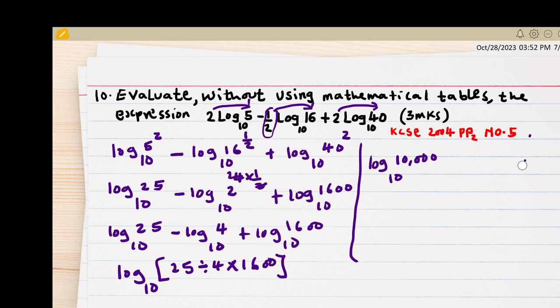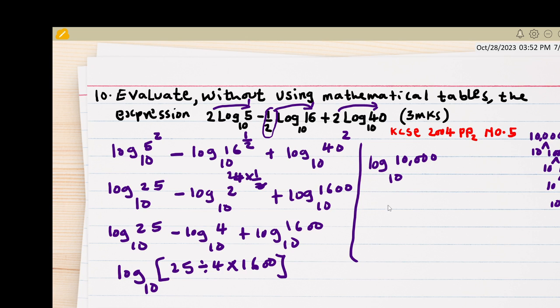Let's show it practically. If you look at the factors of 10,000, if I start by 10, 10 will go here 1,000 times, then 10 will go into 1,000 100 times, then 10 into 100 10 times, then 10 into 10 once. So 10,000 is the same as 10 to the power of 4.